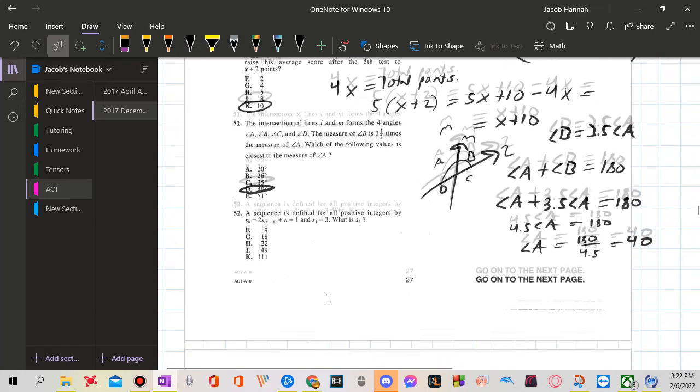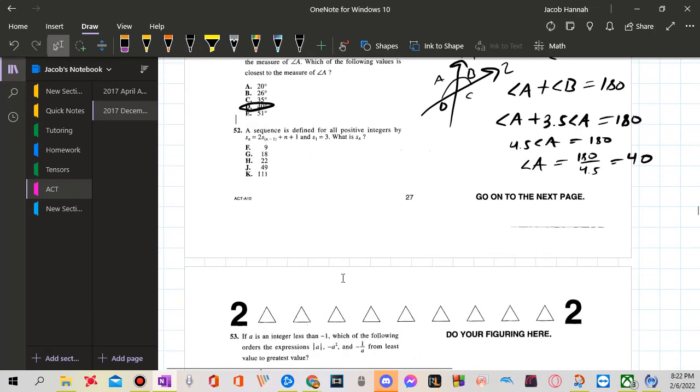A sequence is defined for all positive integers by S of n. Alright. Let's go to 2. S of n minus 1 plus n plus 1. S of 1 is equal to 3.